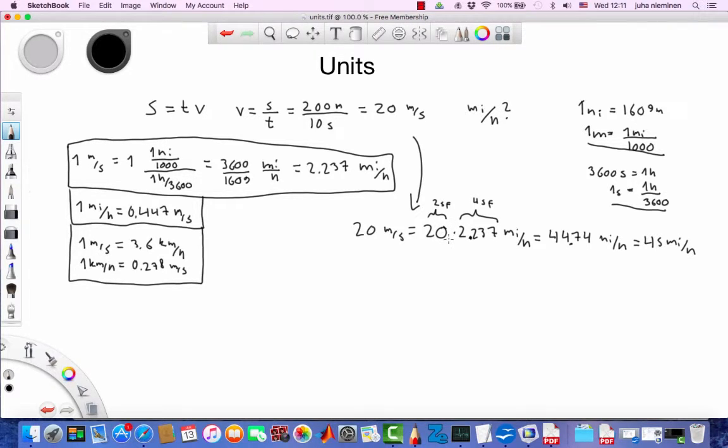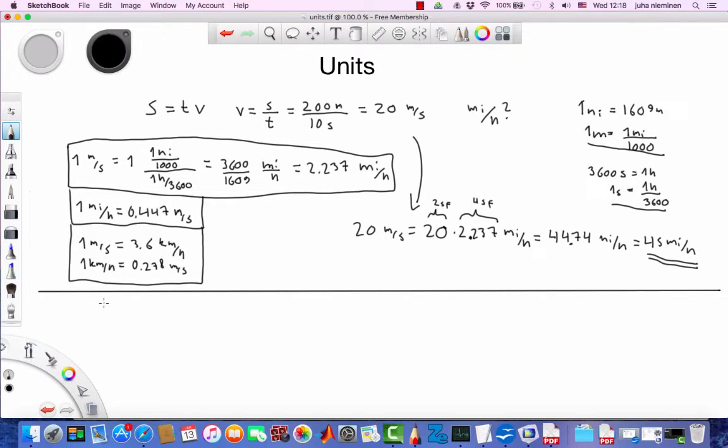So we can't claim correct figures after a decimal point, for example. So we can't say it's going to be 44.7. We have to backtrack all the way to the least significant figure that we had in the calculation to begin with. So the correct answer in this case would be 45 miles per hour.